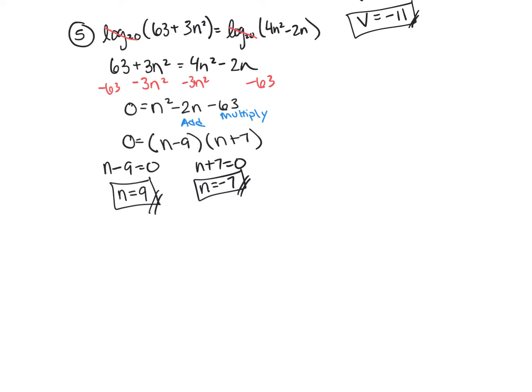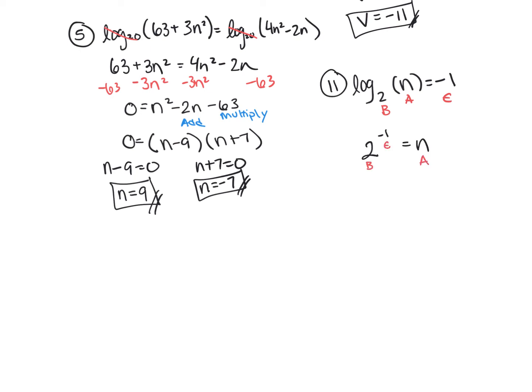If we take a look at problem number 11, log base 2 of n is equal to negative 1. When I have just one log equal to a number, that's when we're going to do our rearrangement for our base, answer, and exponent. So this is going to become 2 to the power of negative 1 is equal to n, or our base, exponent, and answer.